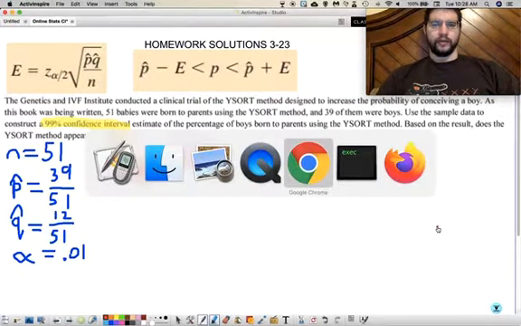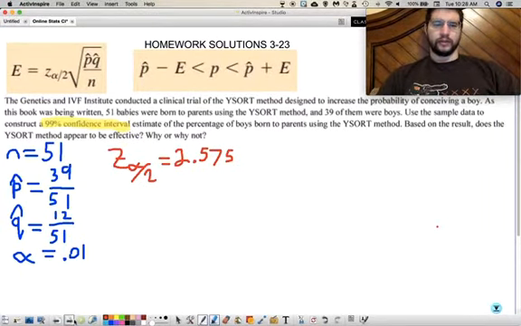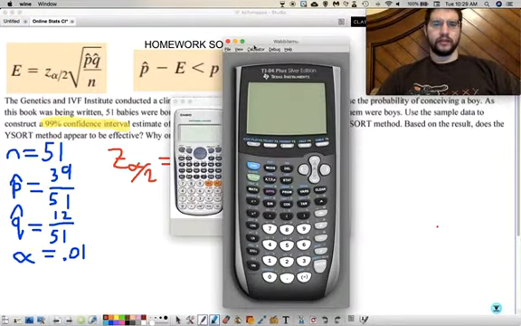All those are popping up. Move on to the next part, calculating the error. So E is equal to Z of alpha over 2 times the square root of p-hat times q-hat over n.